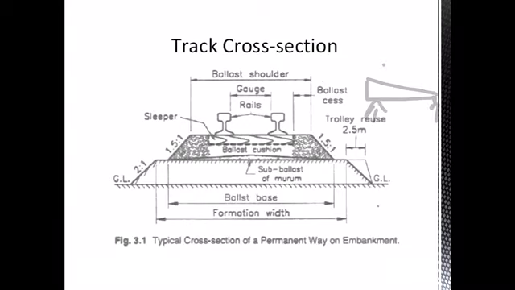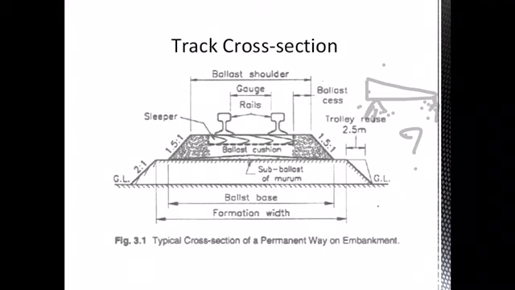We all know there is the effect of centrifugal force on the curve, so to counteract it, we need to raise the outer rail with respect to the inner rail, and that is achieved by proper ballast filling. We fill more ballast on the outer edge and less ballast cushion on the inner edge. So by maintaining your subgrade level and the ballast filling, you can achieve the provision of superelevation at the curve.